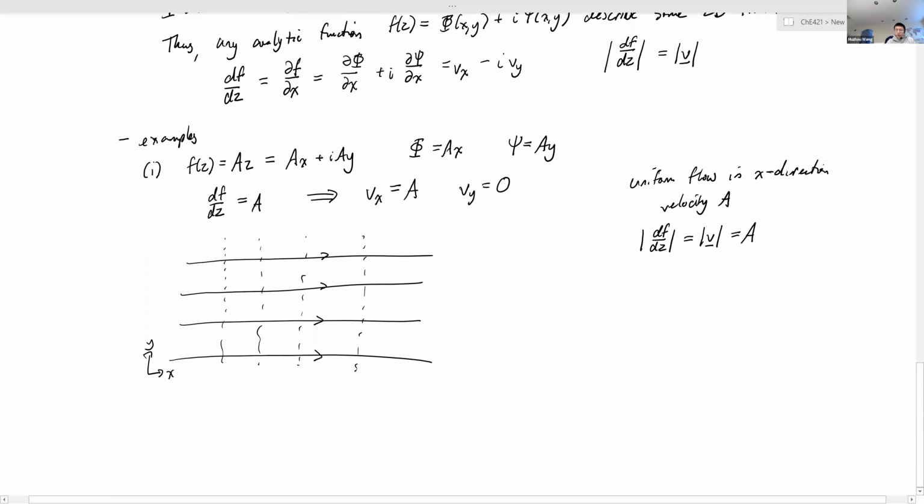These are streamlines here, and you get that by setting psi equal to some constant. These lines right here are lines of constant potential.